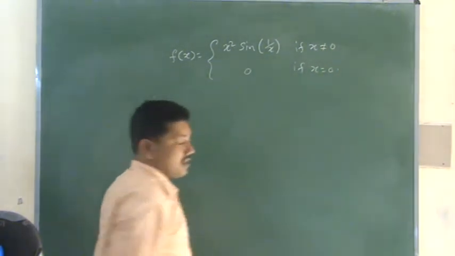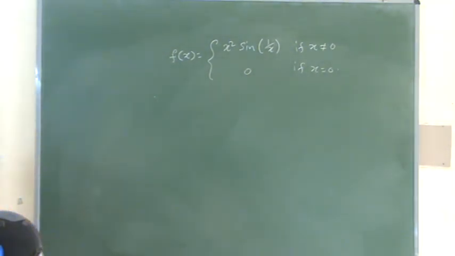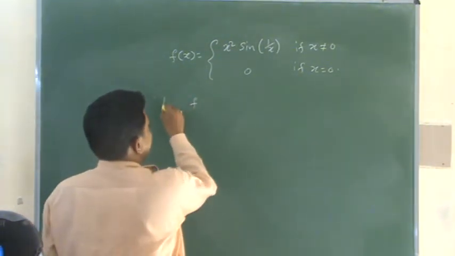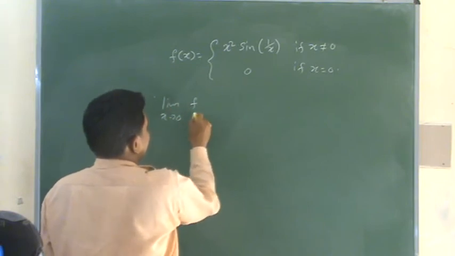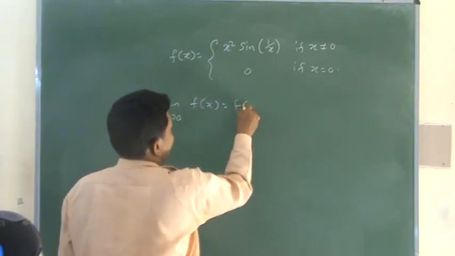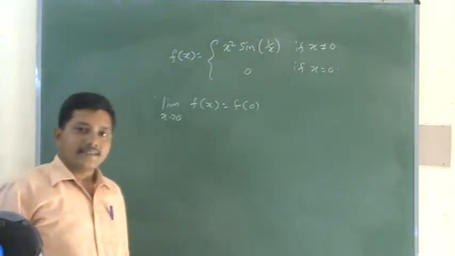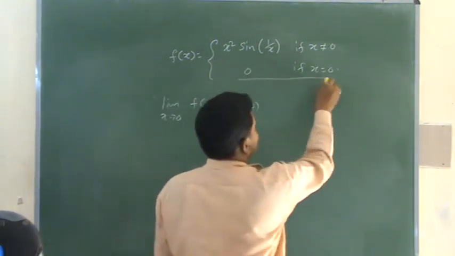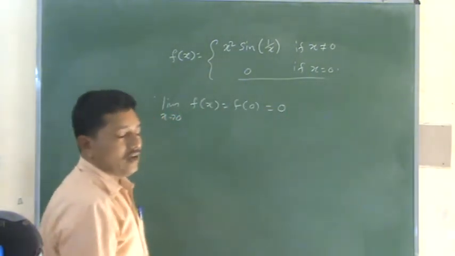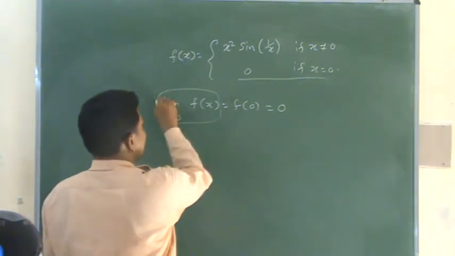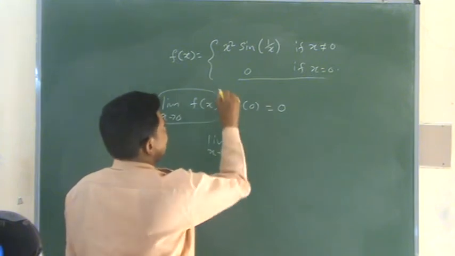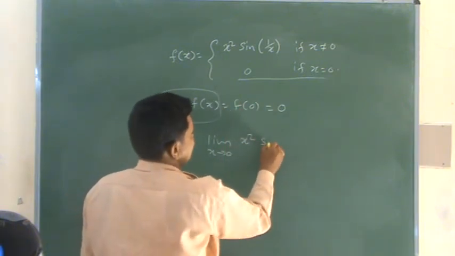This is a normal problem, not like the previous problems. So first of all, limit x tends to 0 of f of x must be equal to f of 0, then only it is continuous at a particular point. So first, what is f of 0? It is clearly 0. Now I want to take this one and prove it equal to 0, then it is continuous. Limit x tends to 0, x square into sine 1 by x.